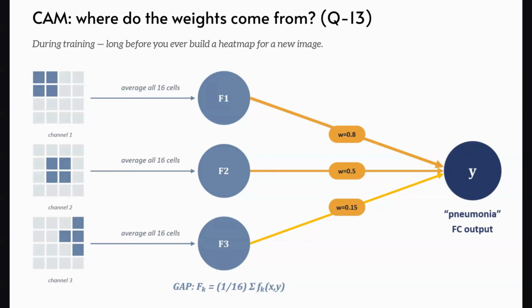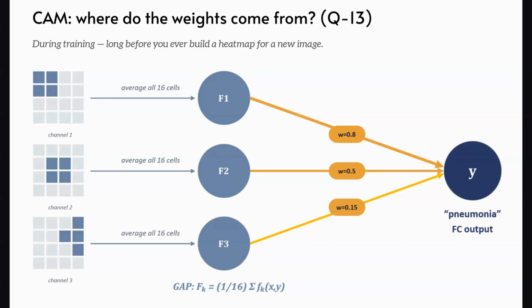CAM is going to produce a heat map over the image showing which regions are relied on for the prediction. To get there, CAM has a particular architecture requirement: a global average pooling layer right after the convolution layers. A CNN has convolution layers, one or more fully connected layers, and the final output.